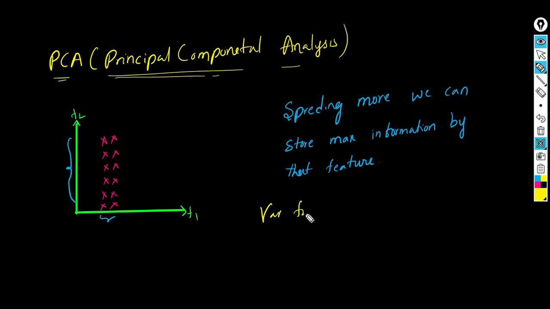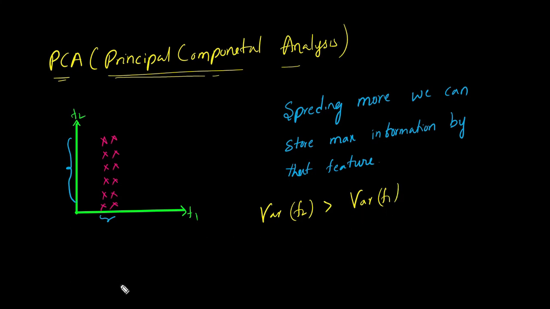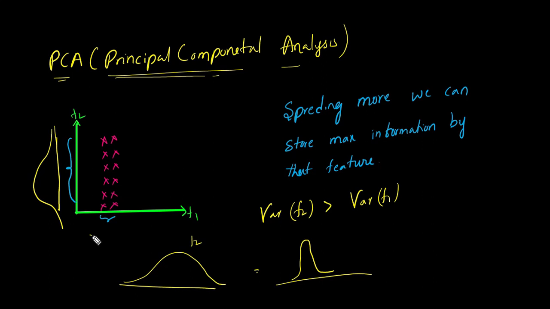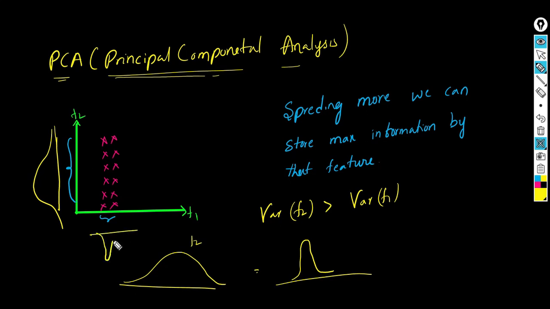Variance of F2 is greater than the variance of F1. If we plot this, F2 might look like this, and F1 will be very narrow.